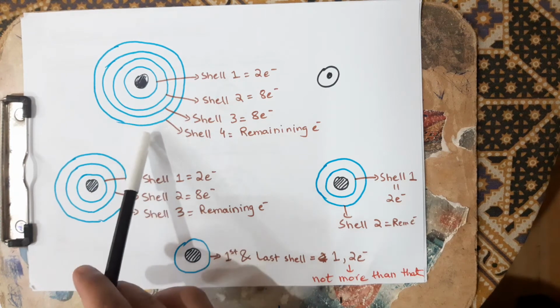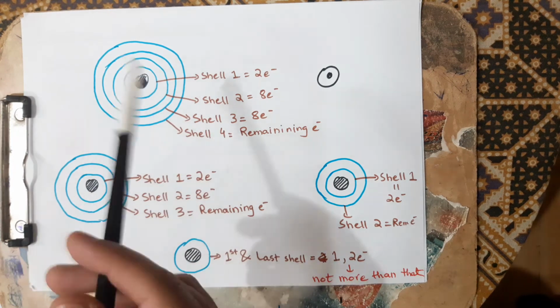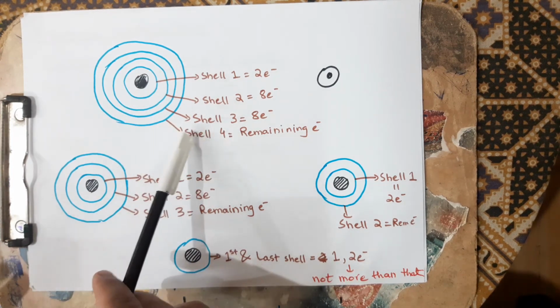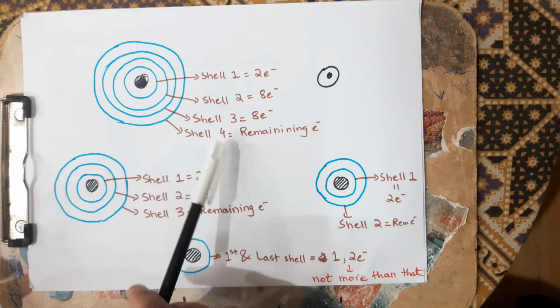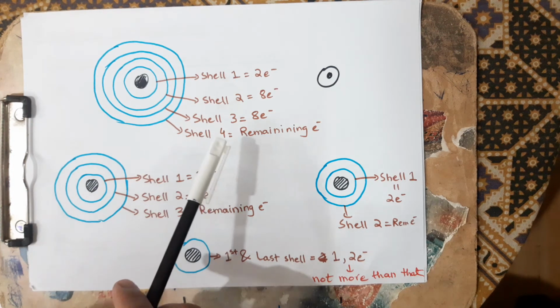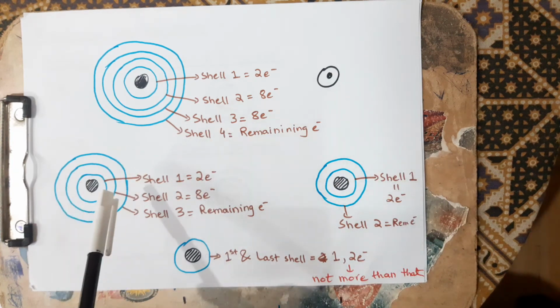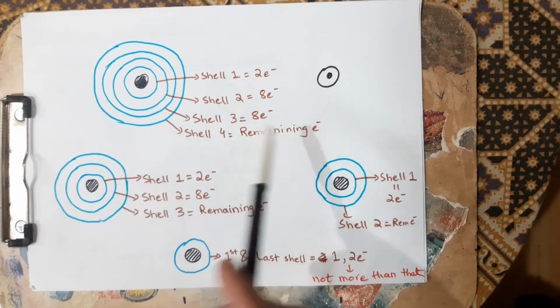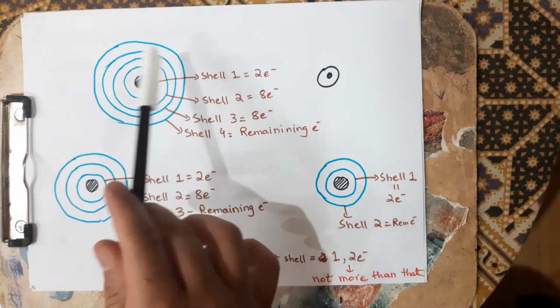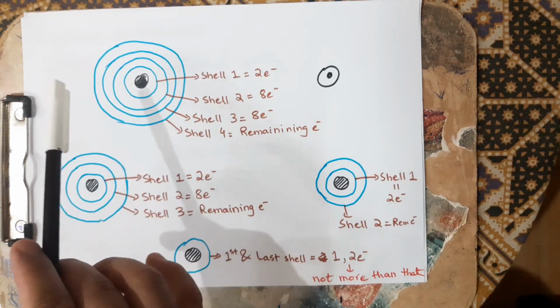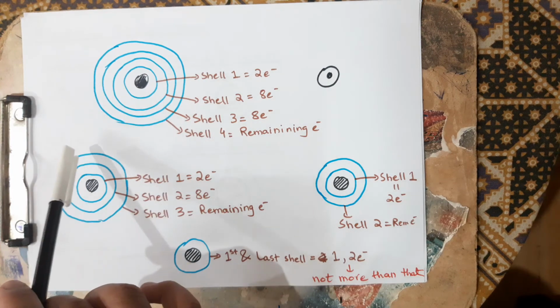So here the fourth shell can contain the remaining electrons, because here the fourth shell is the valence shell, so it can contain 1, 2, 3, 4, 5, 6, 7, 8, but not more than 8. If more than 8, then you have to draw another shell, which is the fifth shell.